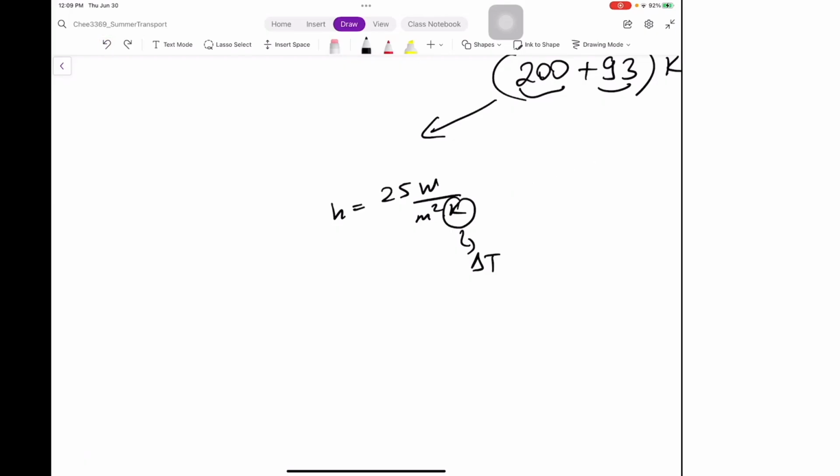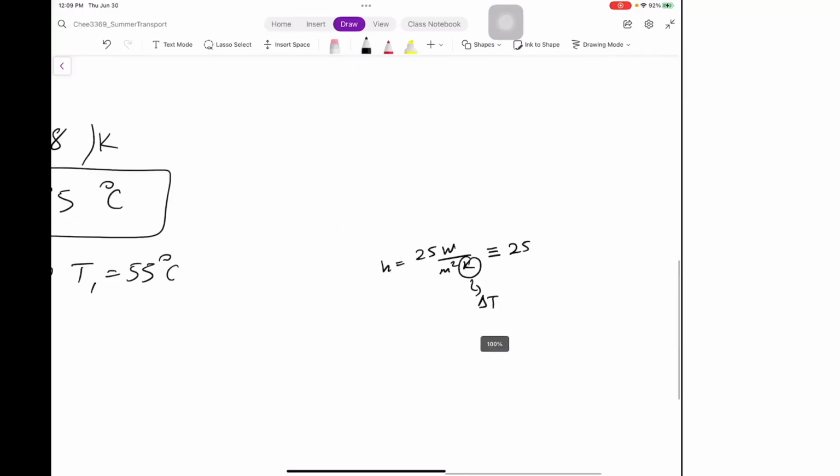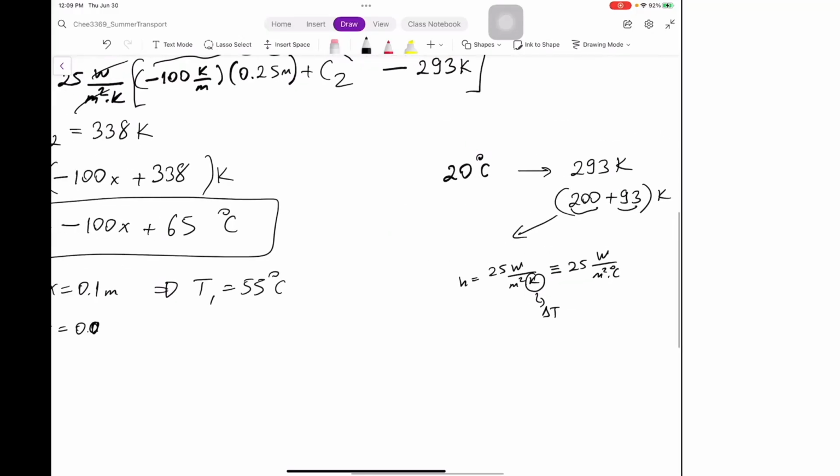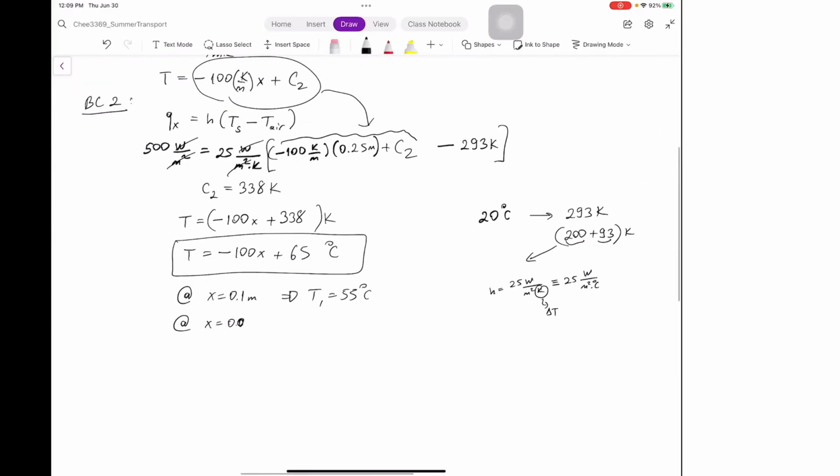So this is exactly the same thing as 25 watts per meter square centigrade, because the differences in the temperatures for the centigrade is the same as the differences in the kelvins. Good, excellent question. Thank you.